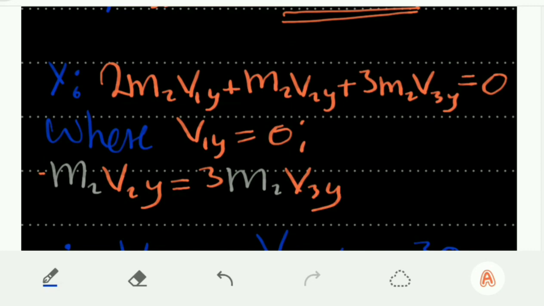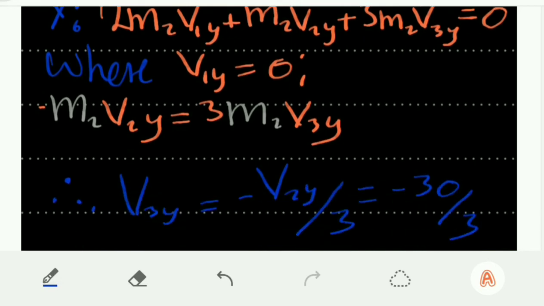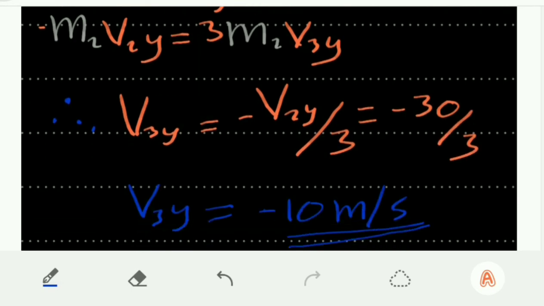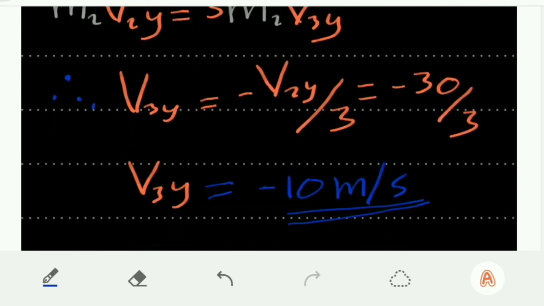Notice that the m2 on both sides are going to cancel out, and we remain with v3y equals negative v2y over 3, giving minus 30 over 3, and we have our v3y as minus 10 meters per second. So we have found v3x as well as v3y.